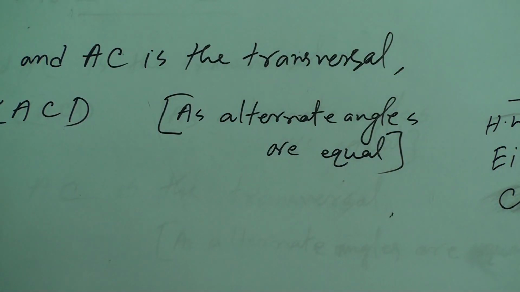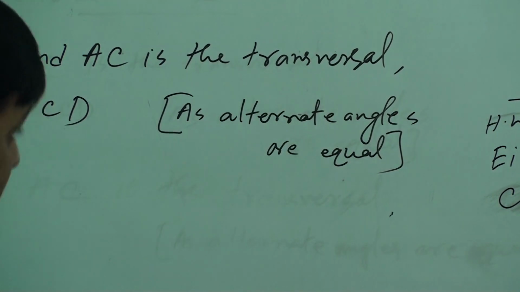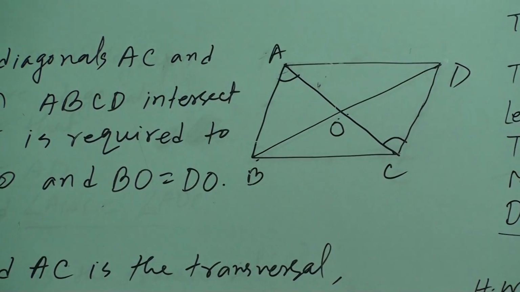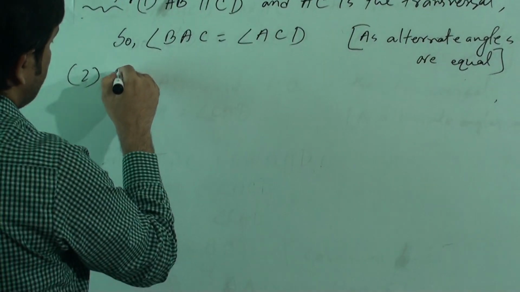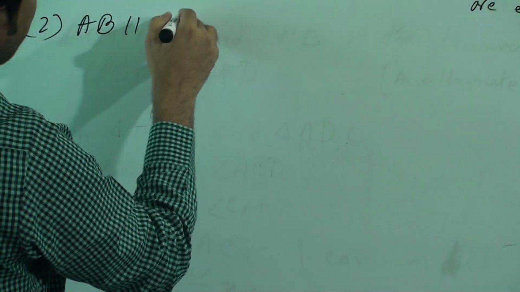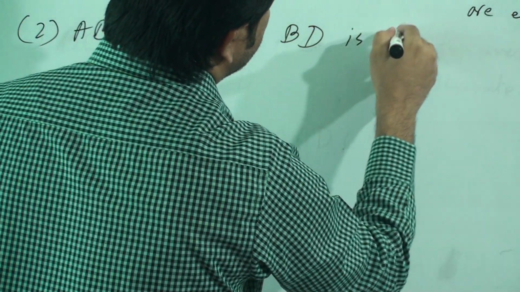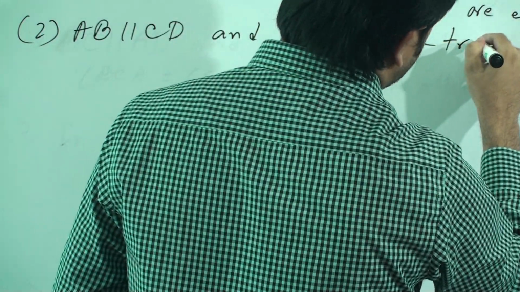So in step 2 we can write again AB parallel to CD and BD is the transversal.